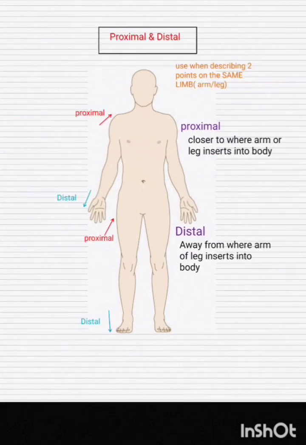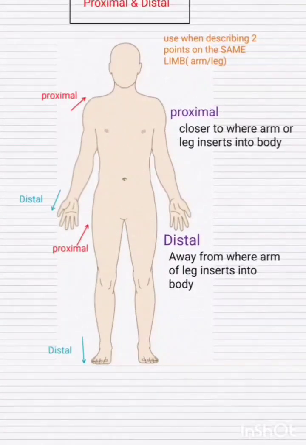Next directional term is proximal and distal. Used when describing two points on the same limb, that is either arm or leg. Used only for limbs. Proximal is closer to where the arm or leg inserts into the body. Distal is far away from where the arm or leg inserts into the body. That is, proximal is closer to the point of attachment.